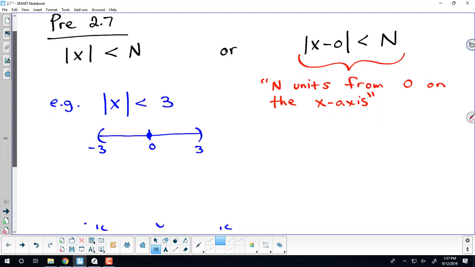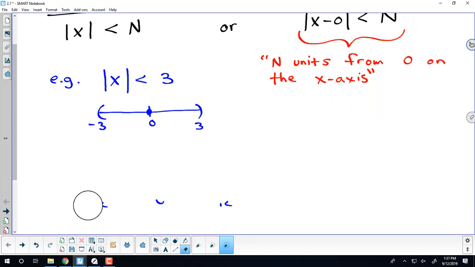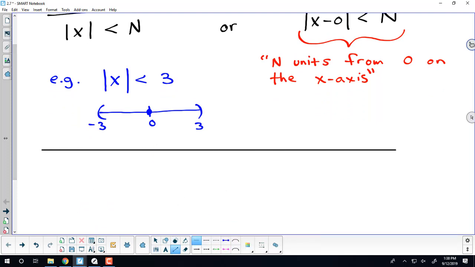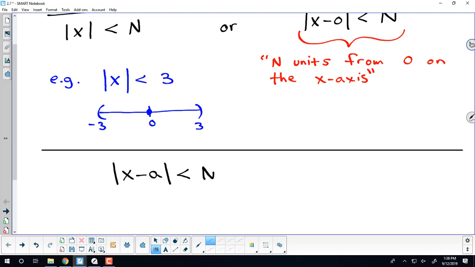So when we see a statement like the absolute value of x minus a is less than some number, we now have a better interpretation of what that was.